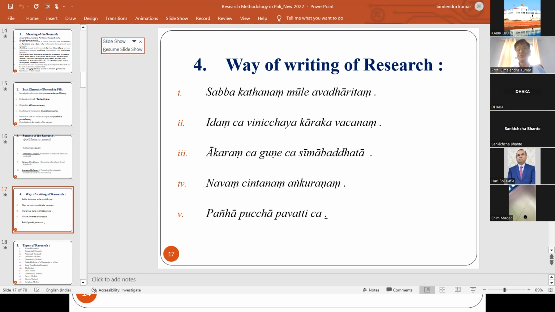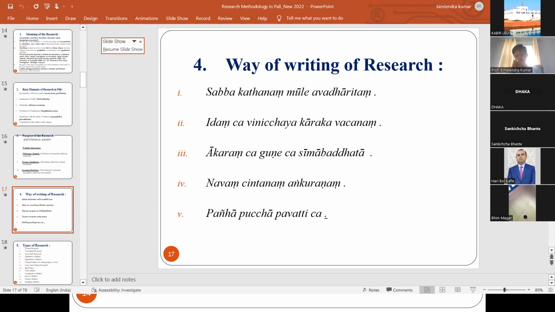If new ideas or new thoughts are not coming in our research paper or research theory, it cannot be said to be research. It will be just generalizing of your research paper. So here, Navan Chintanam Ankurnam, there must be innovation of new ideas or new thoughts in your research also, based upon the materials which are available to us. So this is called Navan Chintanam Ankurnam.